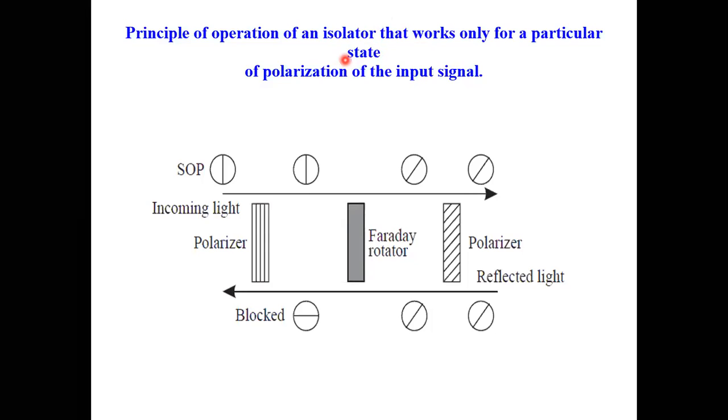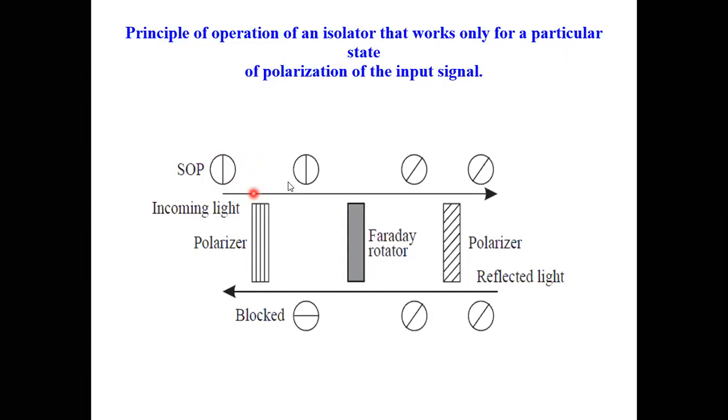That is how we use OTDR, because the signal is reflecting back. So even if the signal is reflecting back, I will have a mechanism in which the reflected signal will be rejected when it tries to go back towards the source. That's why we say that it works only for a particular state of polarization.